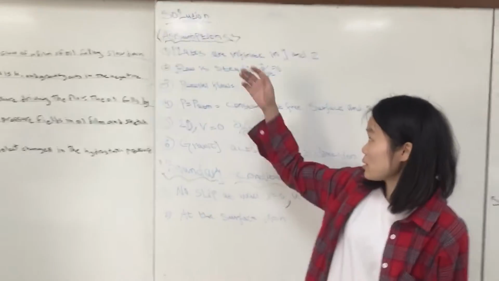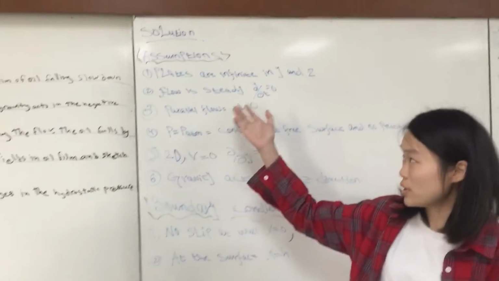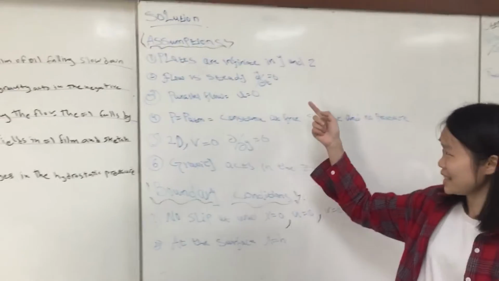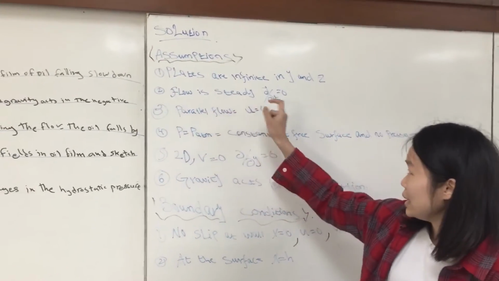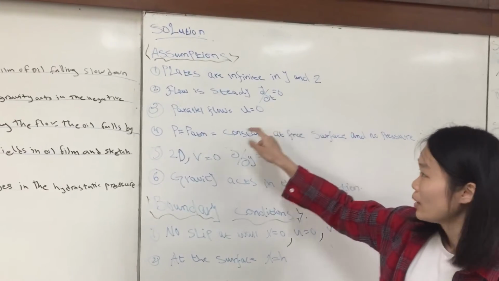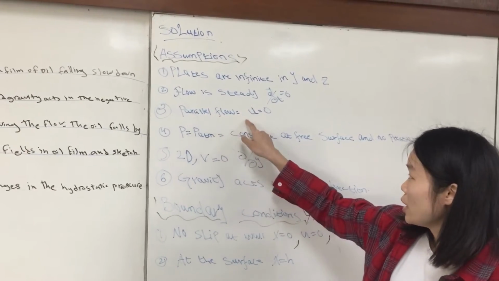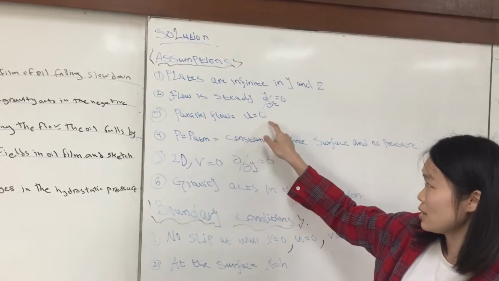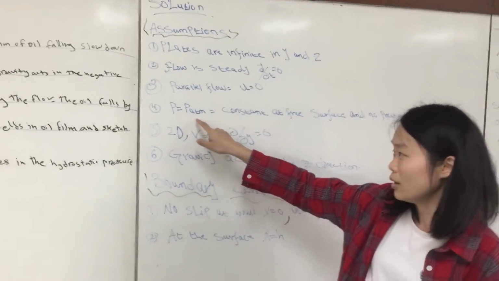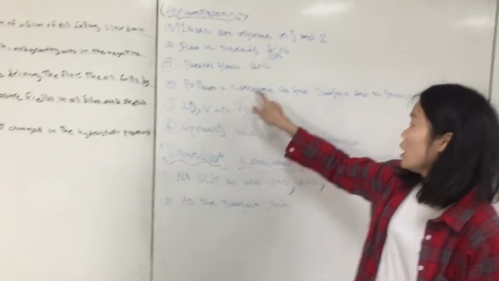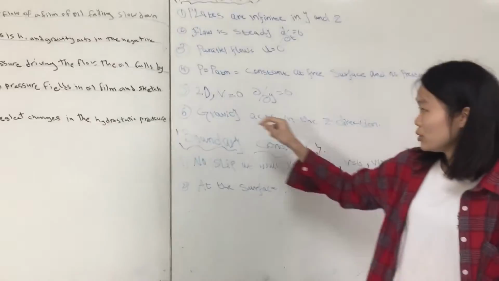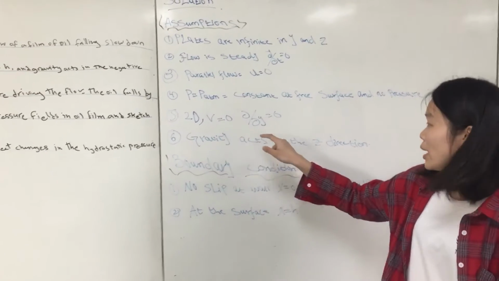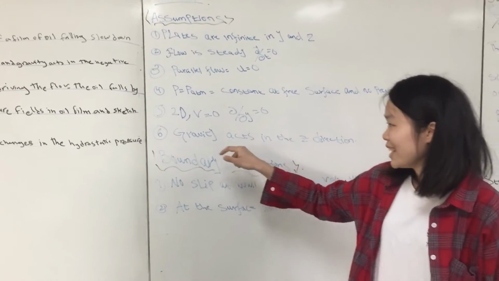Okay, now the solution. All we know is, first, the plates are infinite in y and z. Second, the flow is steady, so the time derivative is equal to 0, and it is parallel flow, so we know u is equal to 0. The pressure at the free surface is atmospheric and constant, and there is no pressure gradient.